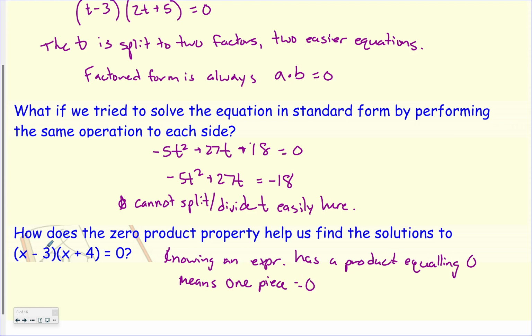So it allows us to split this into two separate equations. And so it allows us to say x minus 3 equals 0 or x plus 4 equals 0. So basically, it's allowing us to split products into two separate equations only under the condition that it equals 0. Remember, 0 and no other number. Got that? Okay.